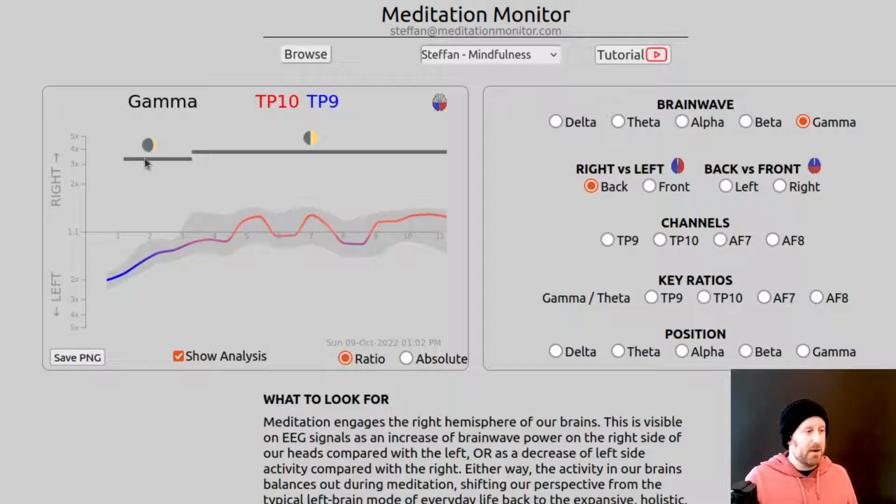So this is what I consider to be a very common chart type, at least if you're trying to do insight work. You start out very left-brained and end up being, I would say, balanced.